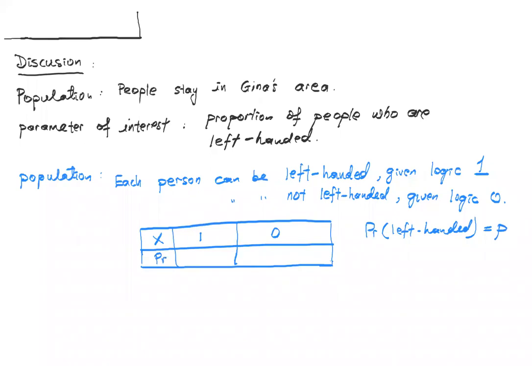So the probability for this one is P. May I know what is the probability of not left-handed? 1 minus P. So can you find the mean for this one? Still remember how to find the mean?